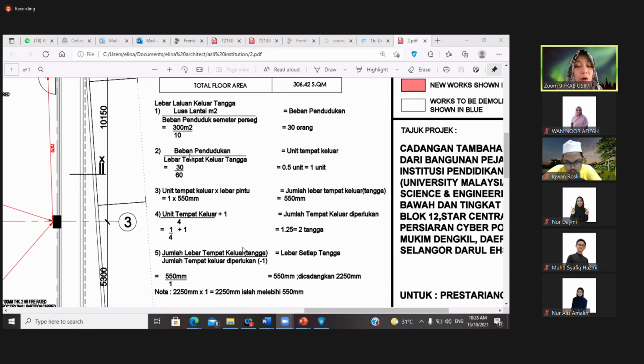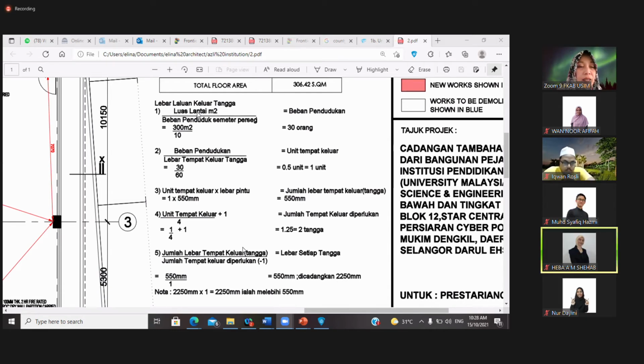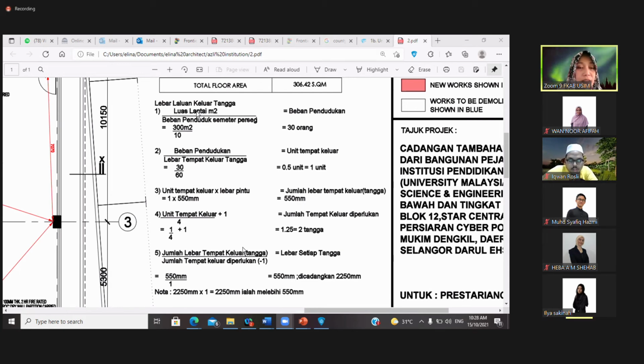We have to know how many occupancy in the building, and also the width of the fire staircase, gross area, luas lantai. Later on, we will calculate based on the occupancy, and we need to determine what is the minimum dimension for the door and how many doors needed in one building, in one floor.